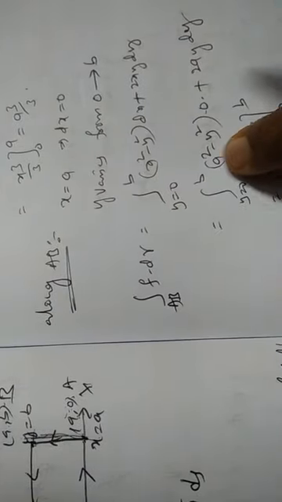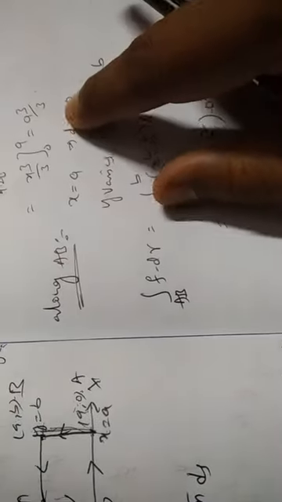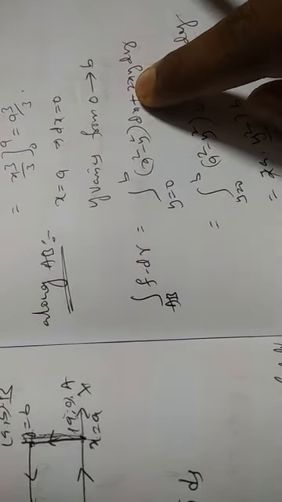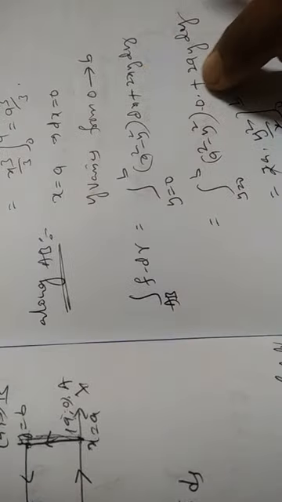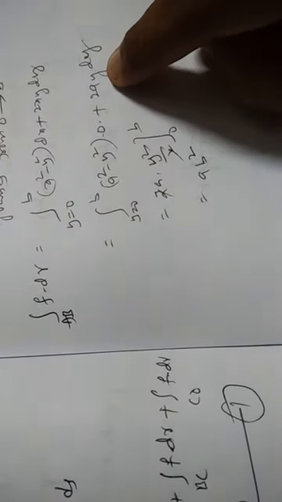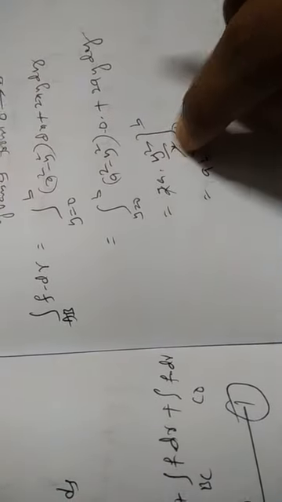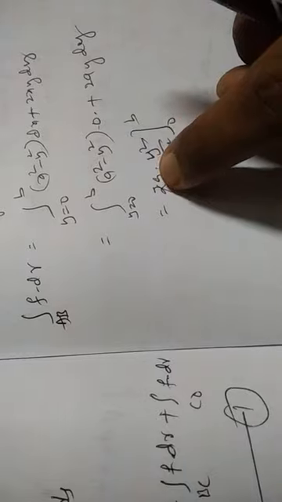Applying x equal to a: (a square minus y square) into dx, which is 0, plus 2ay dy. The first term is 0, so we have only this term. 2a is a constant, and the integral of y is y square by 2, with limits y equals 0 to b. Applying the limits, the 2 cancels, giving a b square, and the lower limit is 0. So the result is a b square.